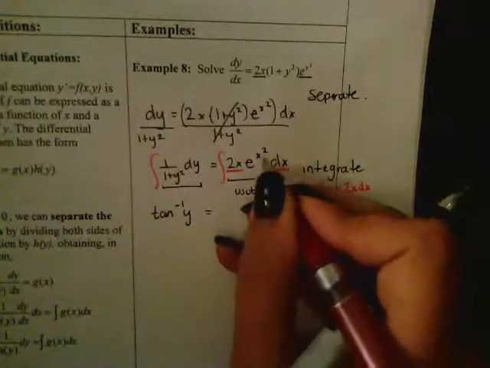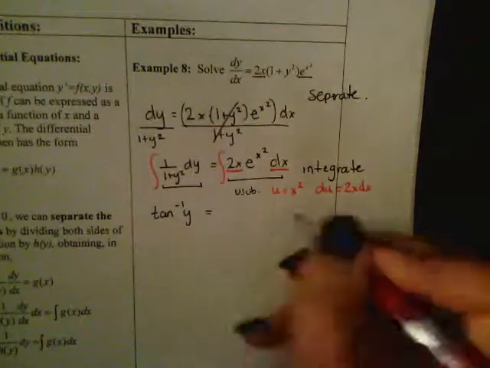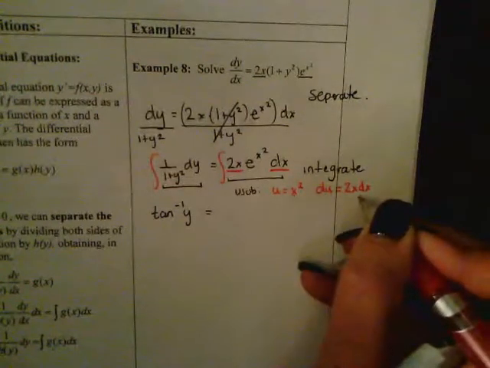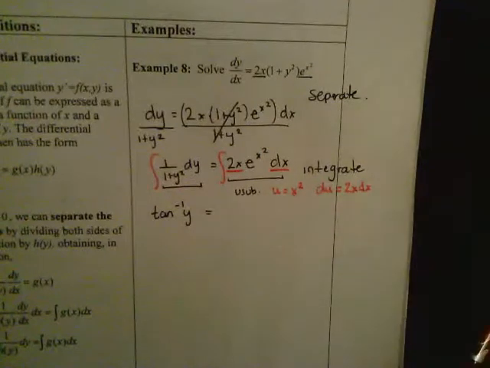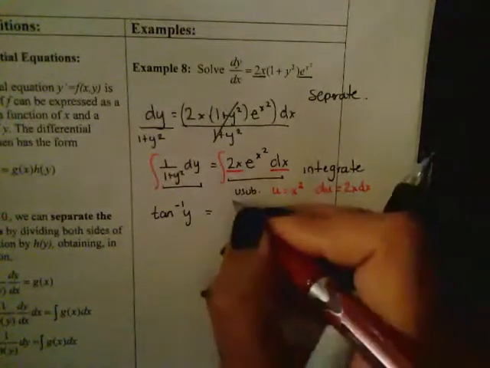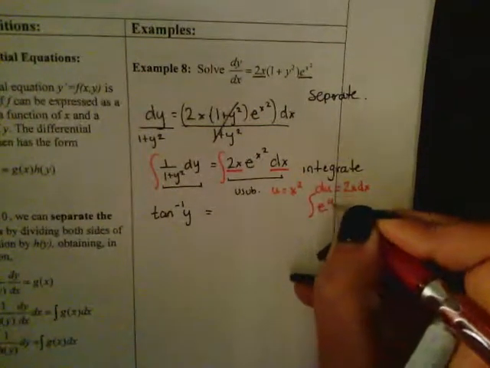And then u being x squared, we're going to be left with just e to the u. So by using this, there's no reason for me to manipulate this at all. This is going to become the integral of e to the u du.